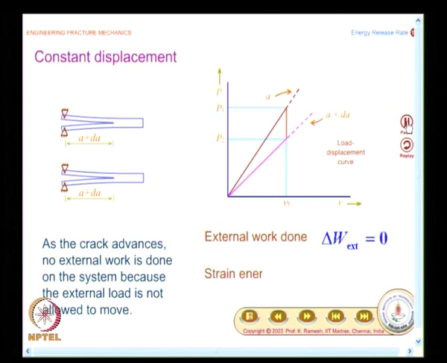First one is external work done is 0, strain energy changes, half of V1 into P2 is the final one minus initial one, half of V1 into P1. In this case, it is happening at a constant displacement. So, V remains same for the final as well as initial cases. And what is the difference in strain energy? That is nothing but this triangle.